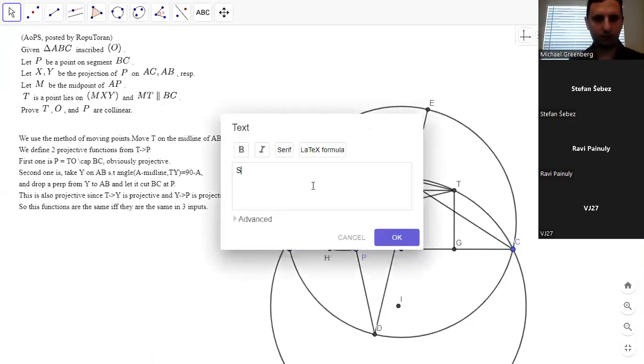Since triangles XMY and BOC are similar, the problem is easy to show by an angle chase if P equals B or P equals C.